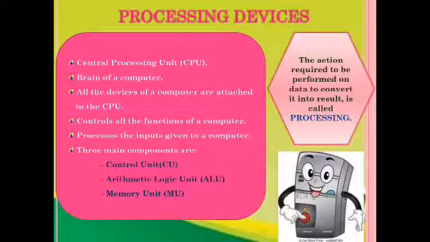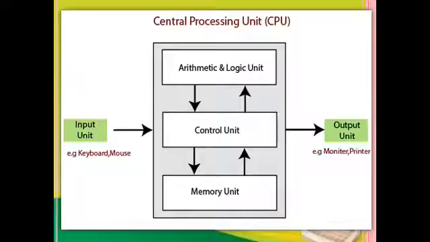Now, look at this. This is a block diagram of a computer. Here we can see that all the input and output units are attached to the CPU. The input units consist of keyboard, mouse, etc. The output unit consists of monitor, printer, etc. The CPU has three parts: memory unit, control unit and arithmetic and logic unit.